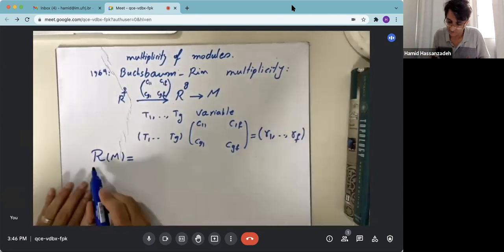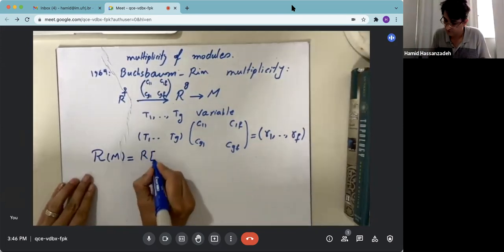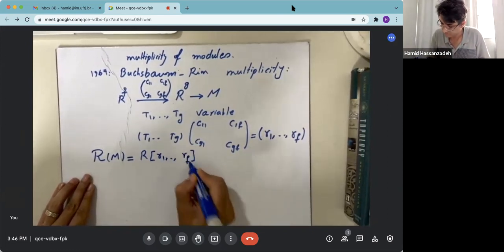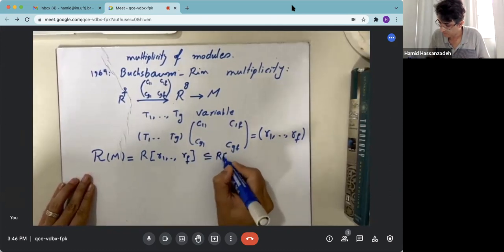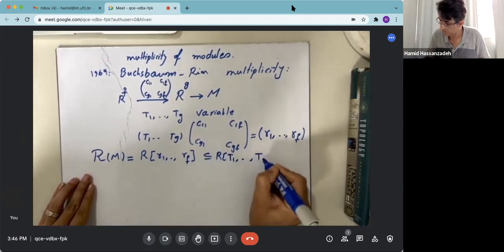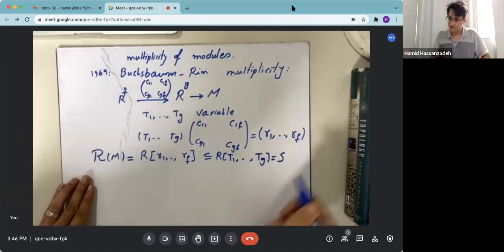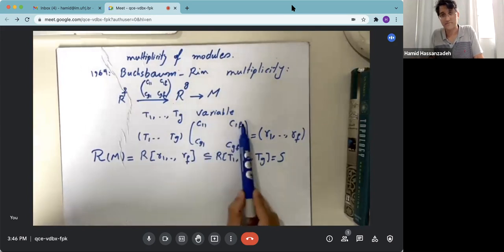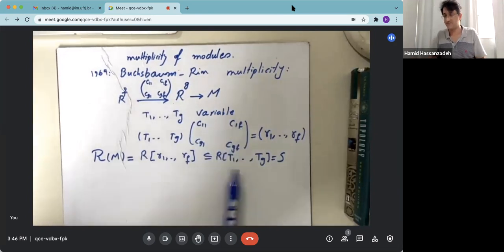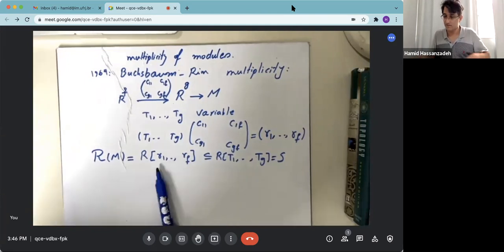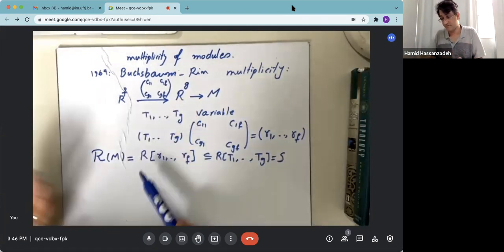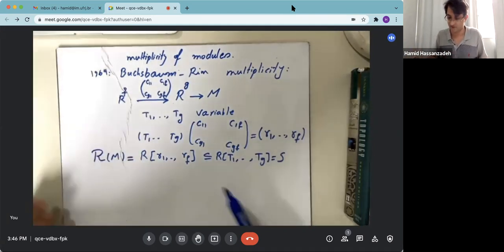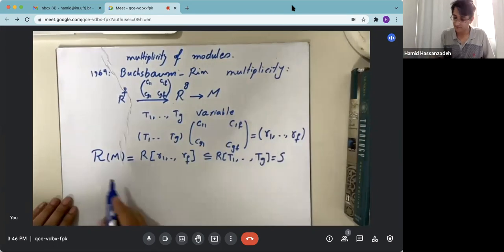So the Rees algebra of a module is the subalgebra of the polynomial ring generated by these forms. In the case that we have only one row, this is the ordinary definition of the Rees algebra of an ideal. But when you have a matrix, you have T variables, and then you have a more complicated algebra. But this is the Rees algebra of this module.